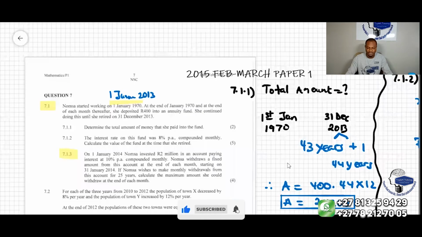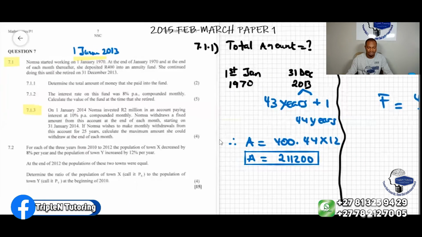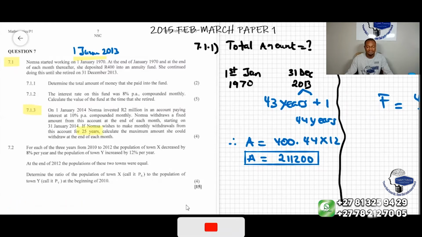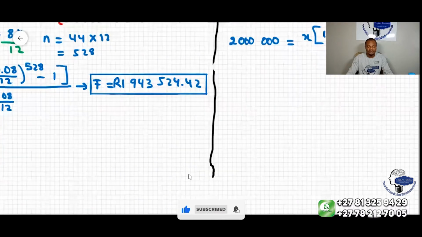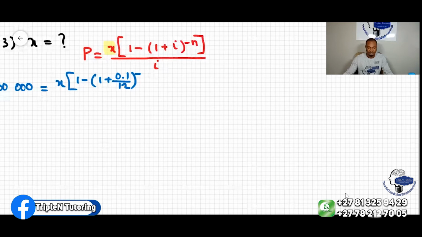When you look at the question, it says she makes monthly withdrawals from this account for 25 years. So n is 25 years, meaning 300 months, because we do 25 times 12. So I'm going to write here 25 times 12.